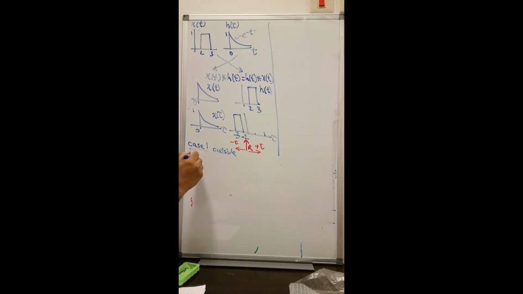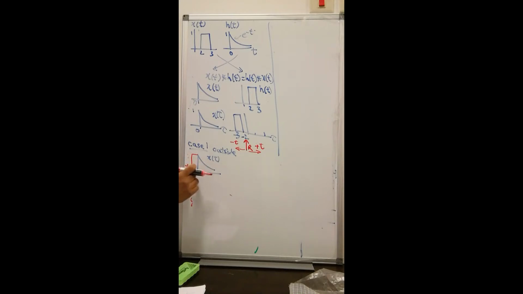I can draw my x of tau, and this is my reference minus 2, and this is the last time at which the h of t remains outside.